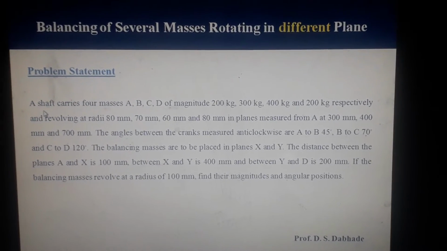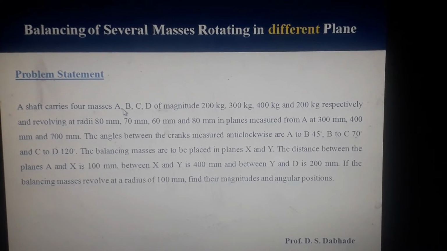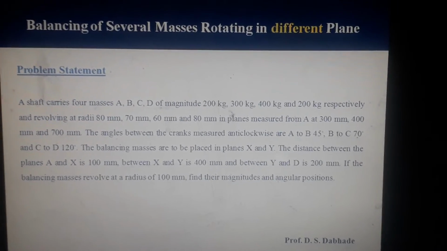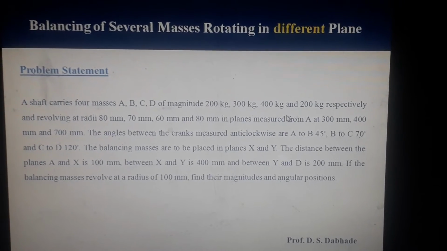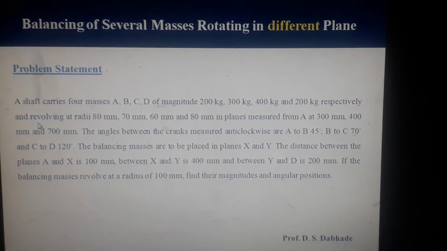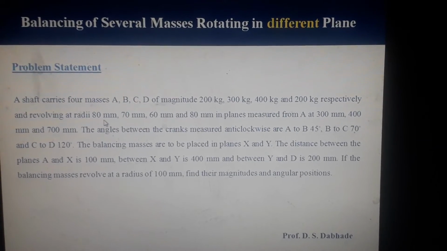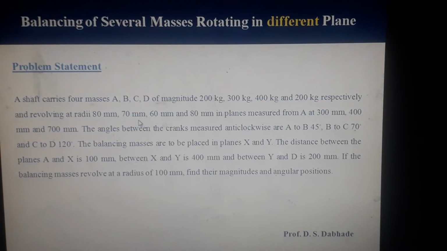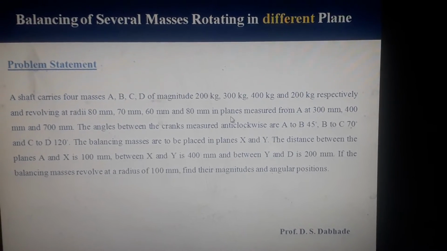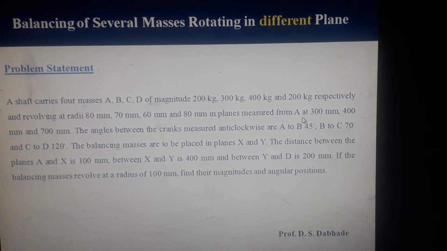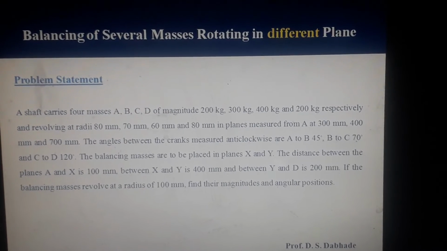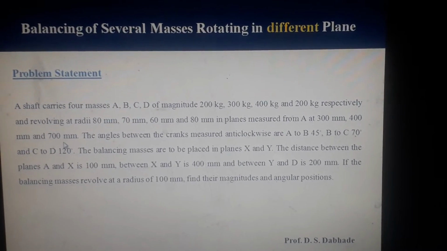A shaft carries four masses A, B, C, D of magnitude 200 kg, 300 kg, 400 kg and 200 kg respectively, revolving at radii 80 mm, 70 mm, 60 mm and 80 mm in planes measured from plane A at 300 mm, 400 mm and 700 mm.